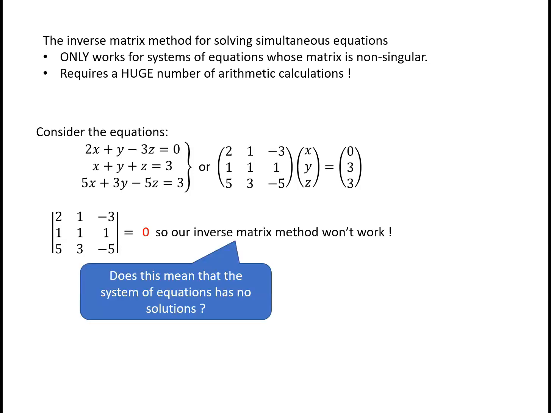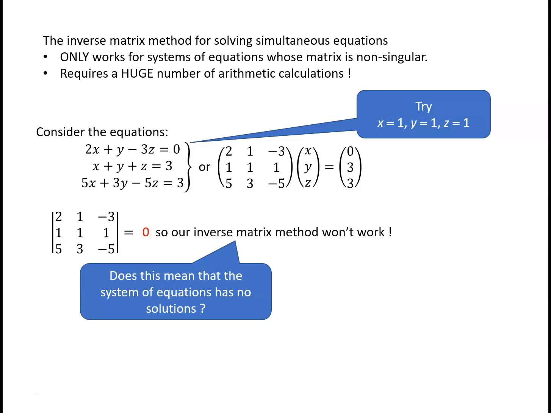However, if we look at the equations, you may be able to spot the fact that if you have x = 1, y = 1, and z = 1, then that system of equations is satisfied by those values.